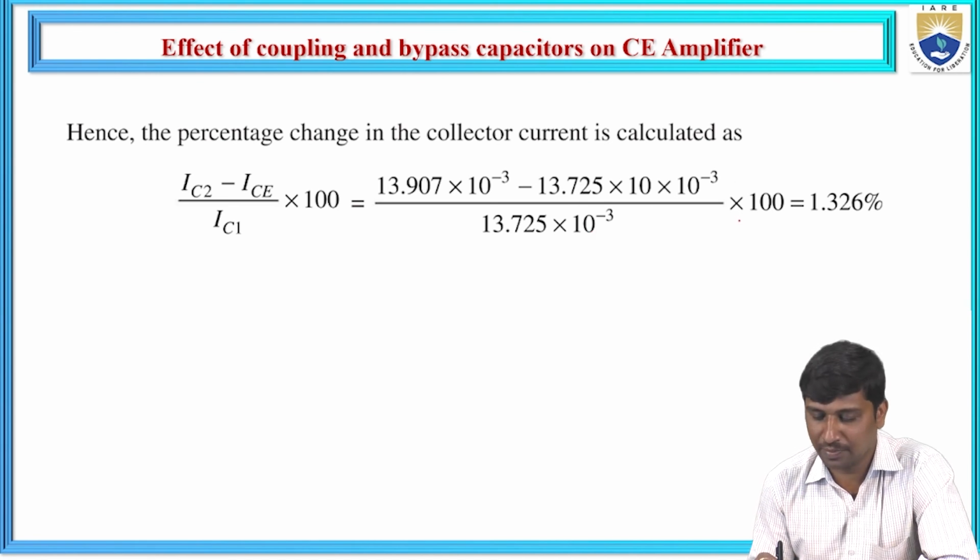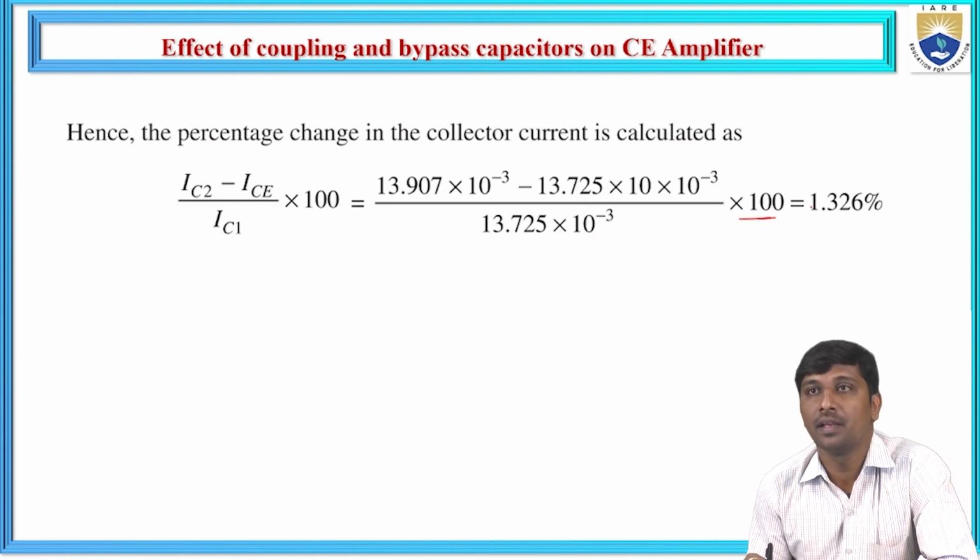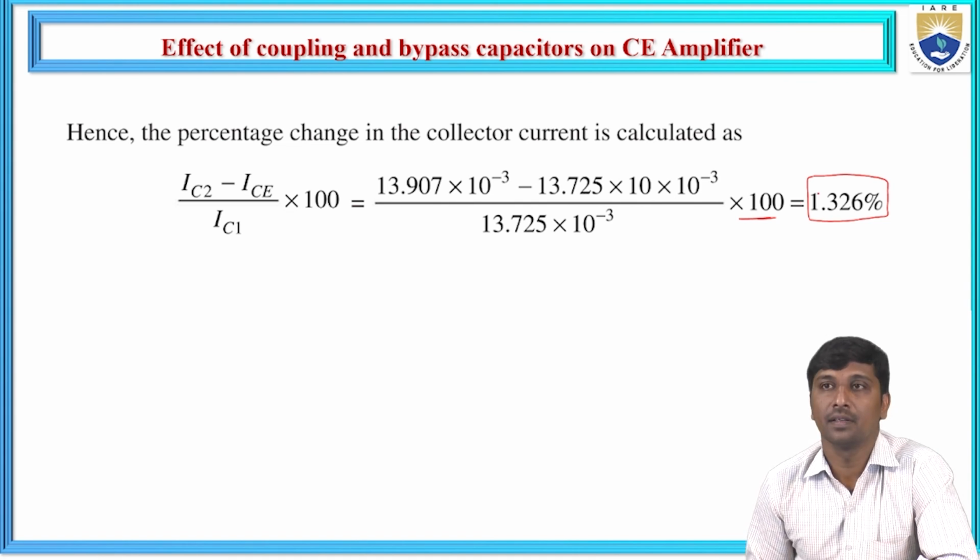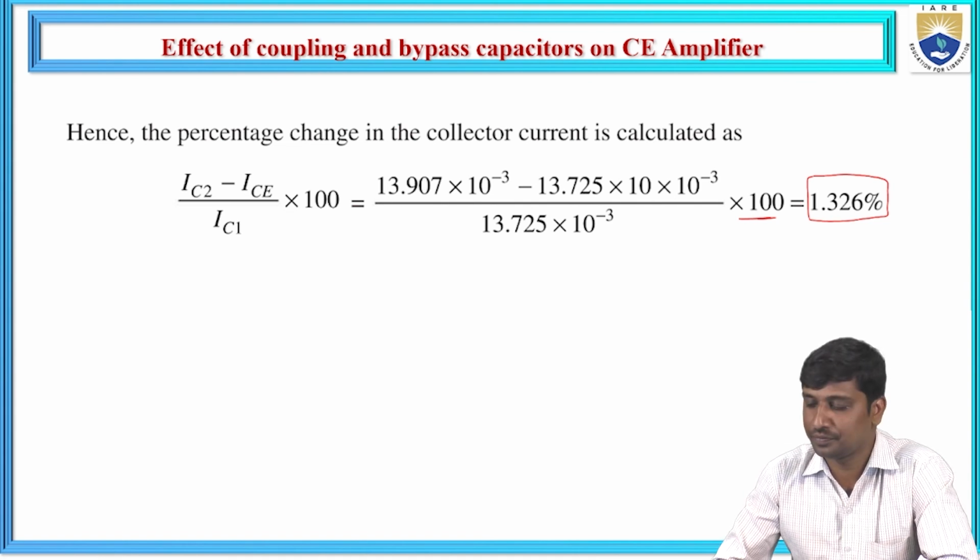Then taking the percentage change, it produces 1.326 percent change when beta changes from 50 to 150.